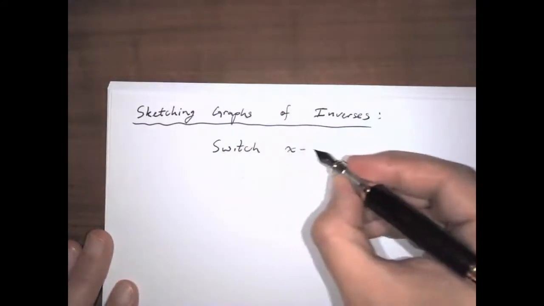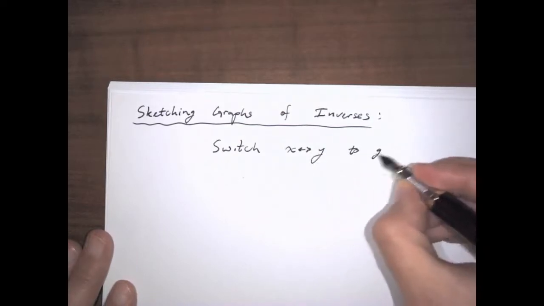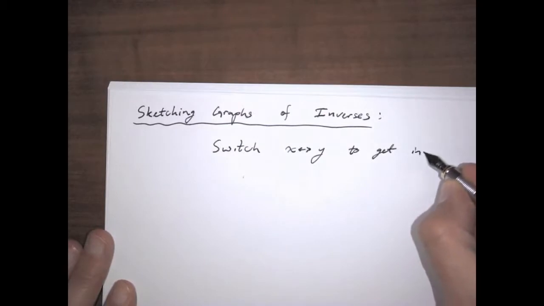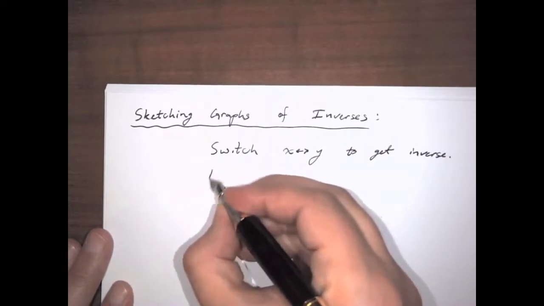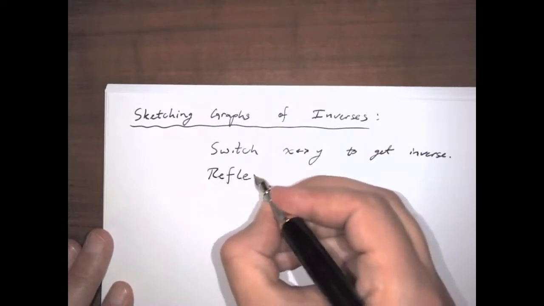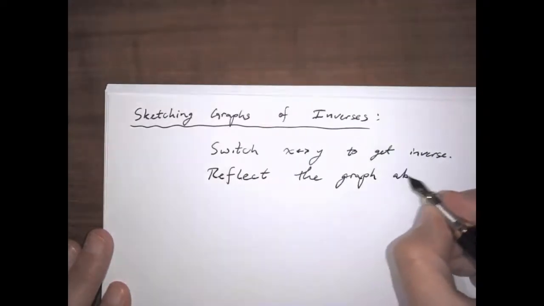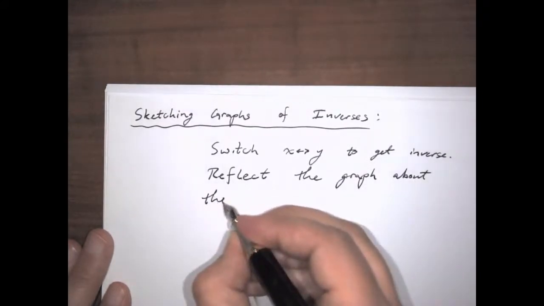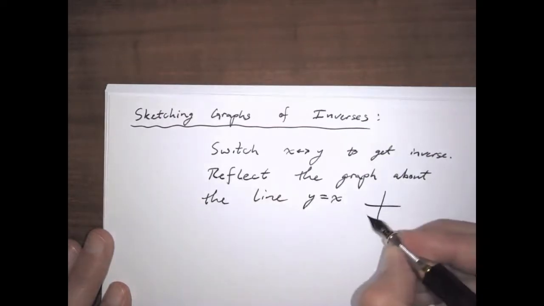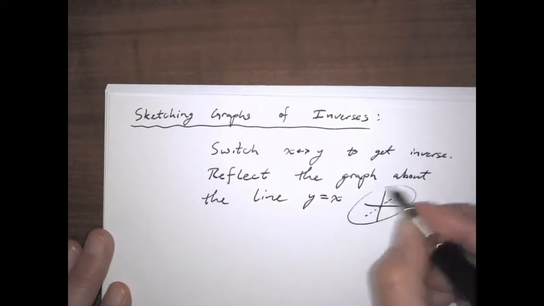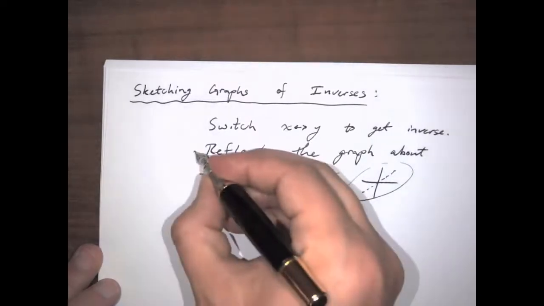So switch x with y to get the inverse. Now, this can be done in a couple different ways. Sometimes the easiest way is to just reflect the graph about the line y equals x. So your friend, the identity function from the toolkit. So that's one way of doing it.